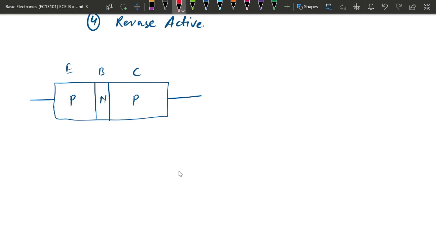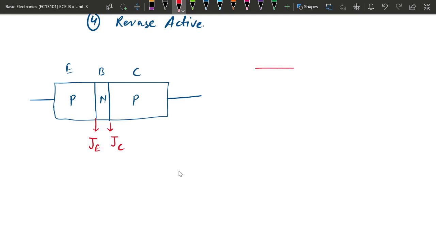The junction between this P and N, that means emitter and base, is called emitter base junction, or in short form JE, the emitter junction. And this junction between base and collector is called collector junction. Based on the biasing of these junctions, we will be defining the different modes of operation of these BJTs.